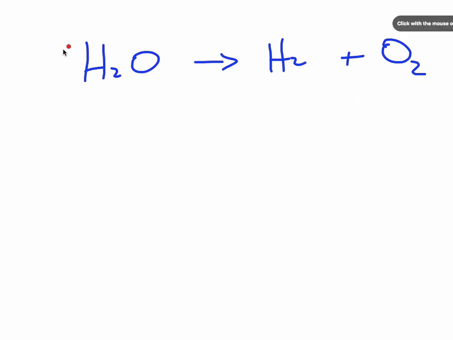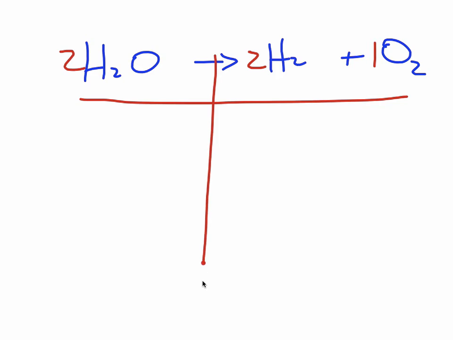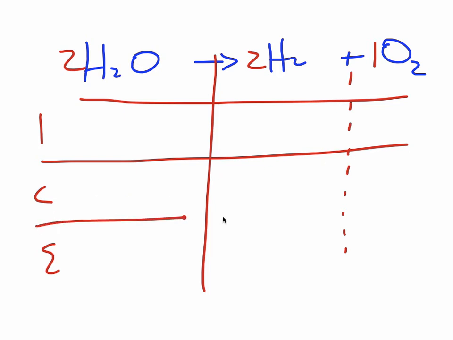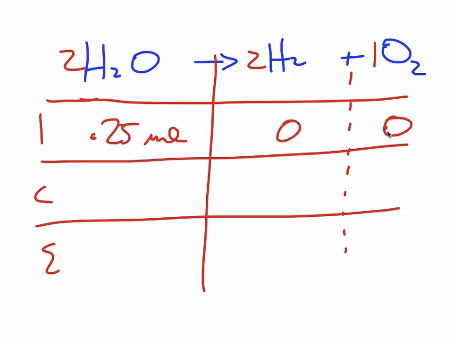So now we have the reverse situation where this is going on, and we still need to balance it. ICE. Okay, so now let's say we did our gram conversion here, and we end up with, let's say, 0.25 moles, 0, 0. So now the question is, if you decompose water via electrolysis, how much H2 and how much O2 will you make?